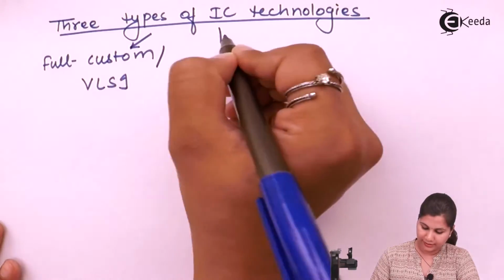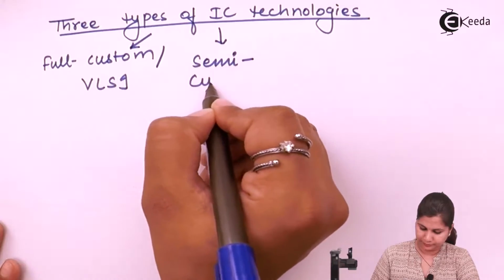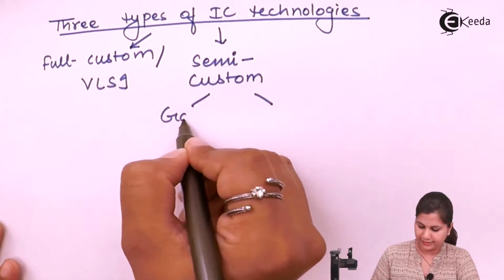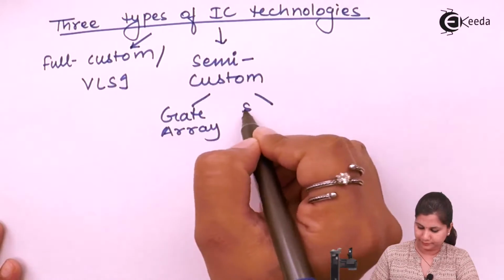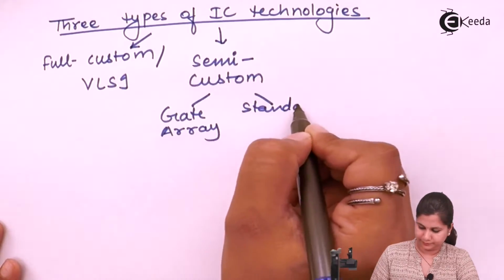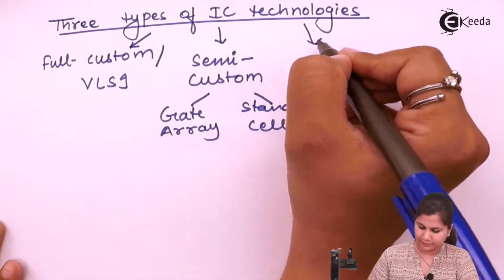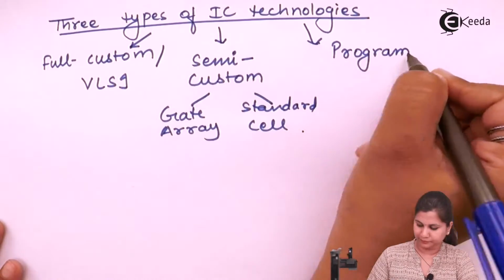Second one is semi-custom, in which we have gate array and standard cell. And the third one is programmable logic devices.